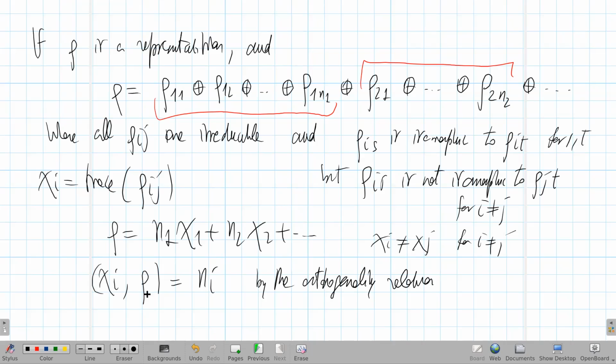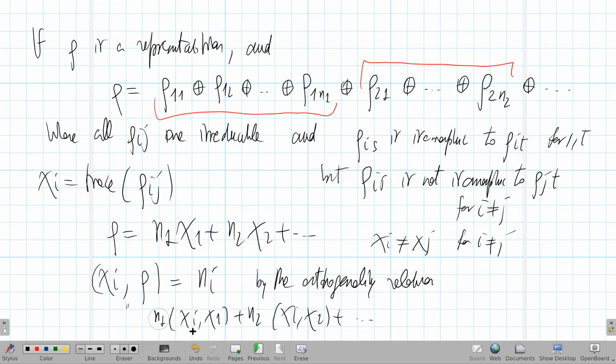Why? Well, because what we have here is chi with n1 chi1. Okay, so these numbers are integers. So we get n1 times the inner product of chi and chi1, plus n2 times the inner product of chi and chi2, and so on.